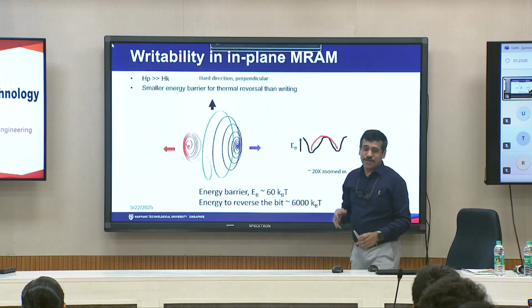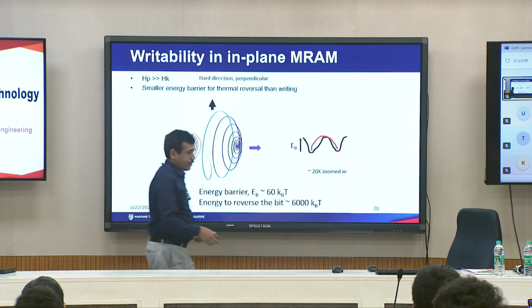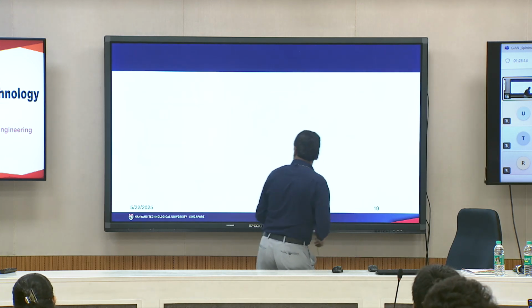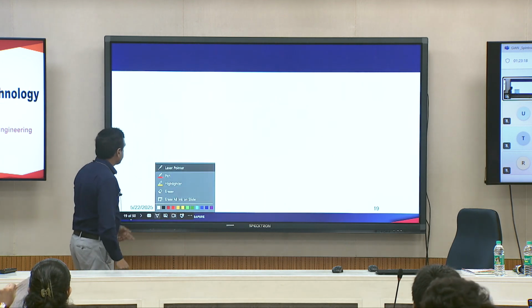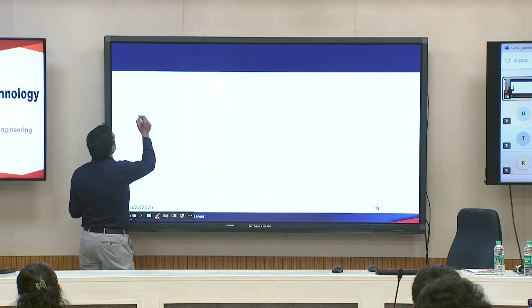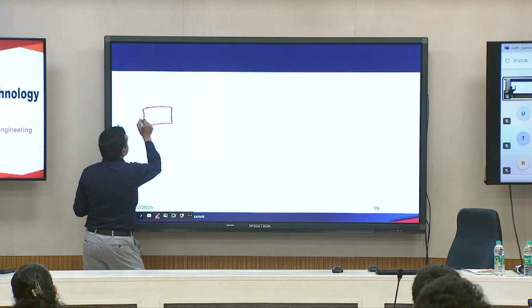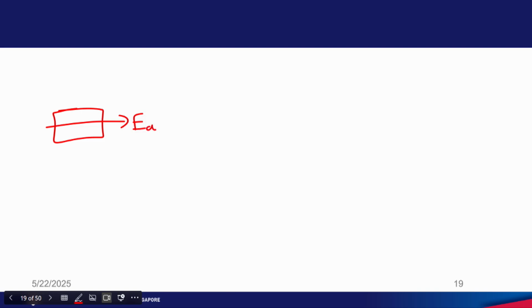So, let us go back to the Stoner-Wohlfarth switching, all those things. Let us say I have a piece of magnetic material, it has an easy direction and a hard direction.